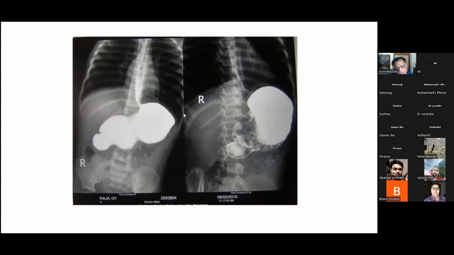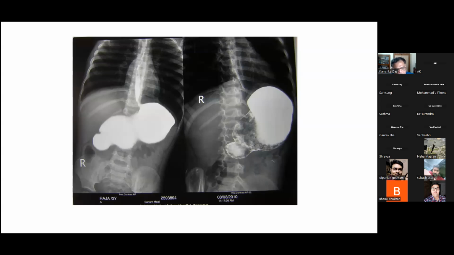Just diagnostic. Could it help as a therapeutic measure elsewhere? If it's at the GE junction, then yes, we can do a dilatation, a stenting. If it's in the esophagus, it might help you. So open your mind when you're answering these questions so that they know that you're thinking on practical lines.